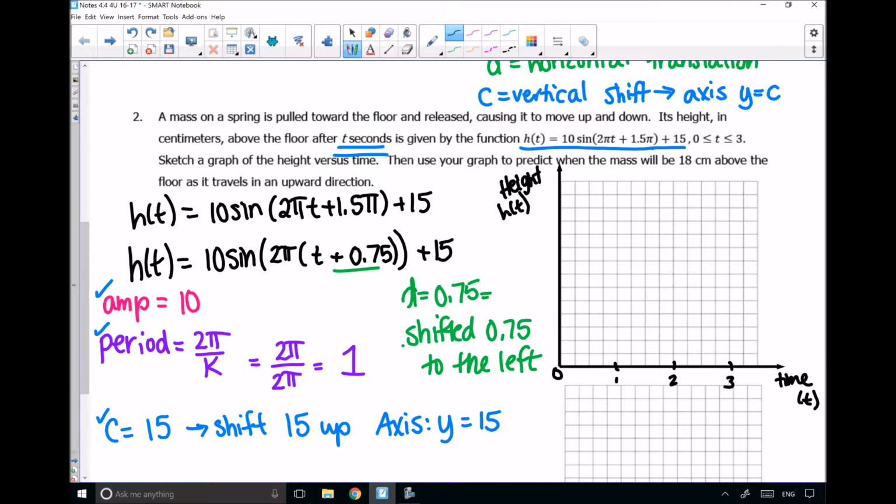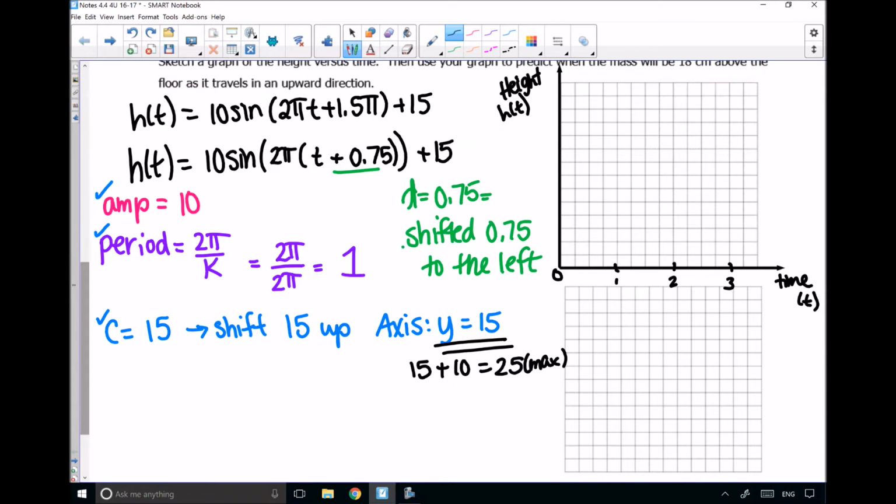And then as for my height right here, I know that my axis is going to be y equals 15. So this is my middle value. And I know my amplitude is 10. So 15 plus 10 is 25. So I know that that's going to be my maximum because the amplitude is going to tell me how much higher than my axis it's going to go. And then the minimum is going to be 15 minus 10.